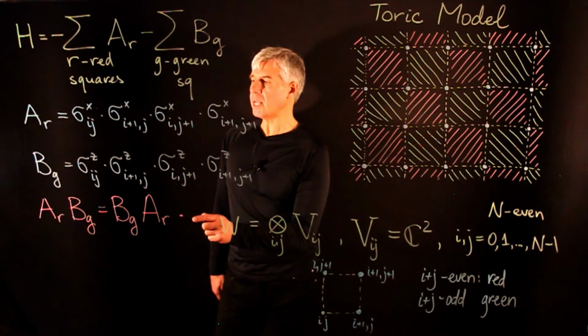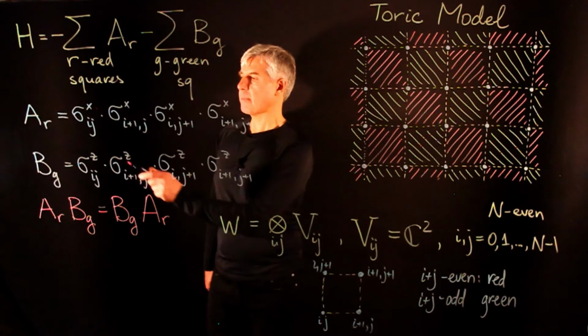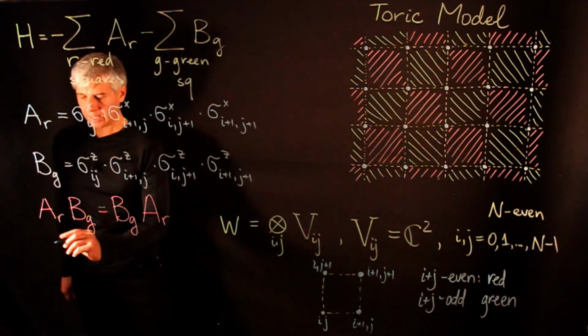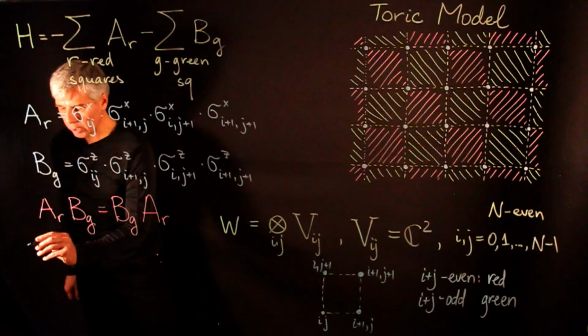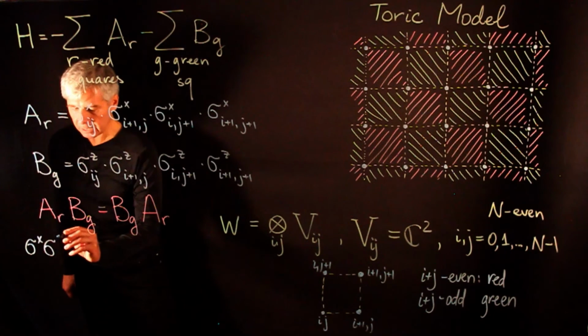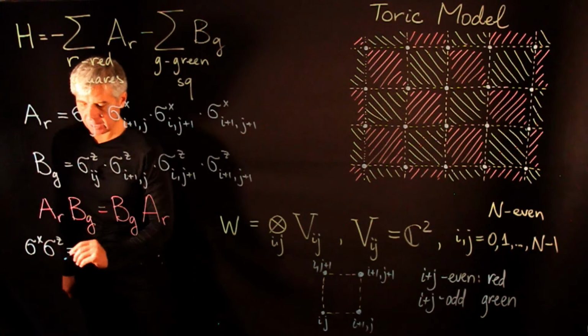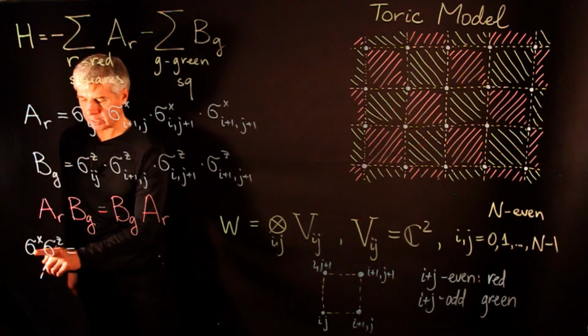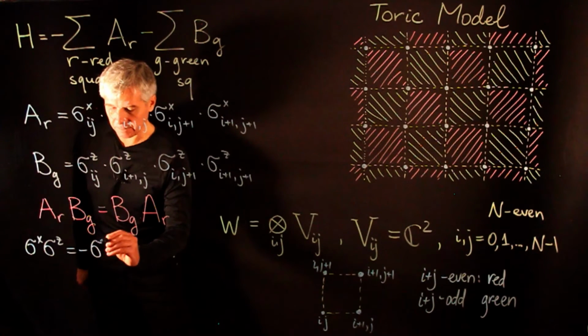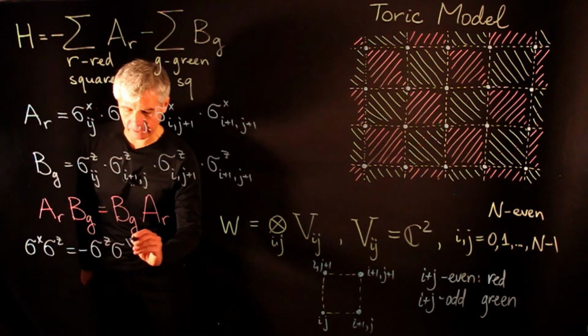This is not so trivial because the Pauli matrices sigma x and sigma z do not commute. Instead, if we have two Pauli matrices acting on the same two-dimensional space, then we can easily verify that sigma x times sigma z is equal to minus sigma z times sigma x.